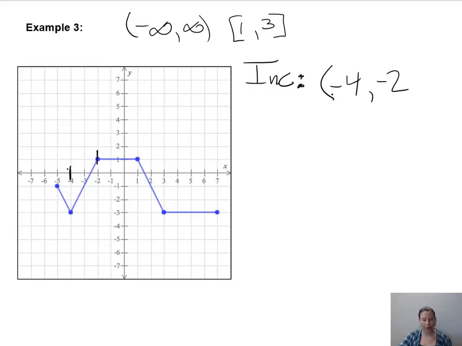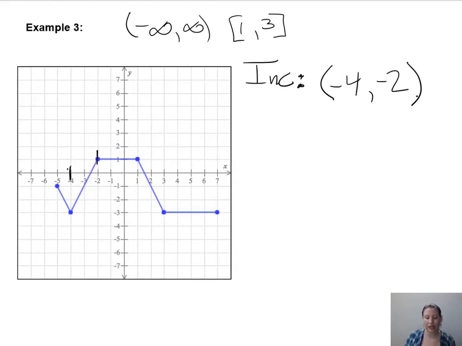Then -2, because the point after -2 is not above it, that means it's also not an increasing point by definition. So we need to stop there, so put a parenthesis again. Whenever we're putting sections of a graph, talking about increasing, decreasing, and constant sections in interval notation, we're always going to use parentheses, okay? Because we never include those endpoints.